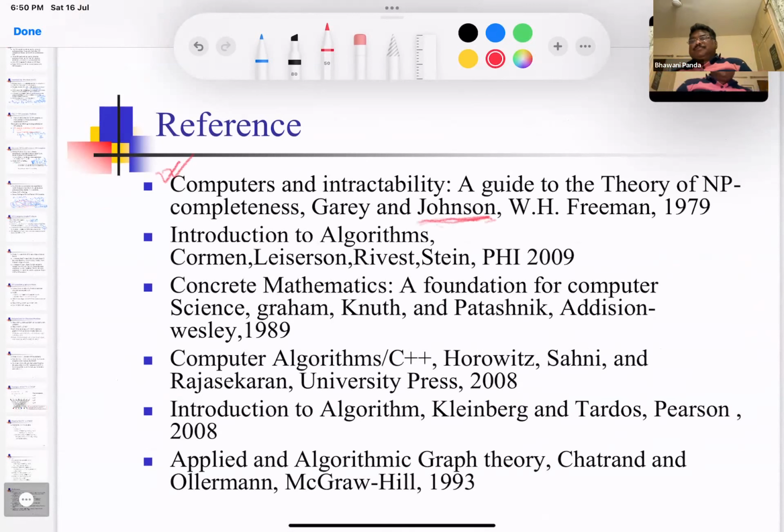Now you can see whatever practical graph optimization problem you can think of, those are all NP complete problems. Optimization problems are NP hard problems. This book is also available freely on the web, so you can download and see.